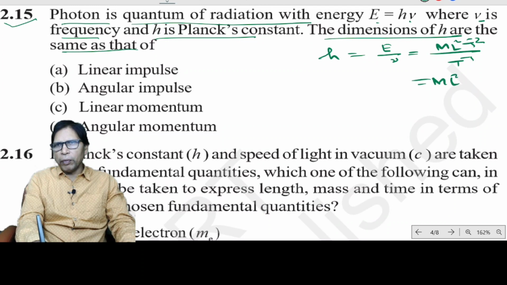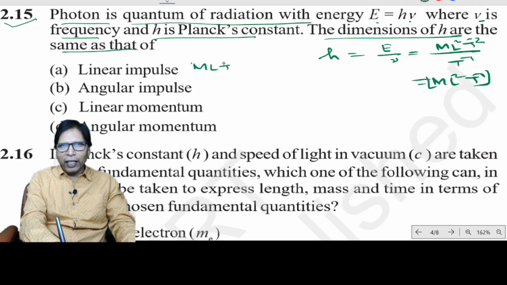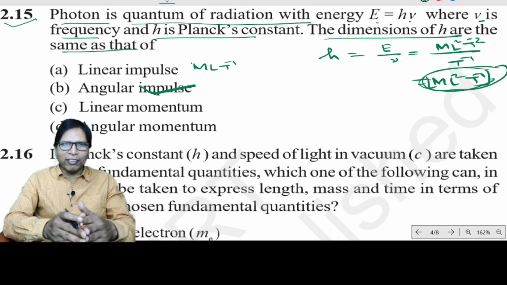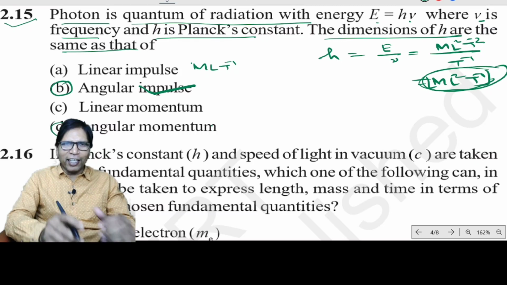So this is the M L square T minus 1. Okay, no problem. Now look at this, linear impulse has dimension M L T minus 1. Angular impulse has same dimension as that of Planck's constant, and angular momentum also has same dimension as that of Planck's constant. So look at this, option B and option D are correct.